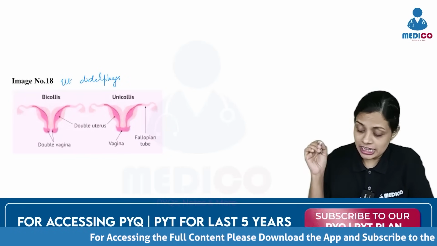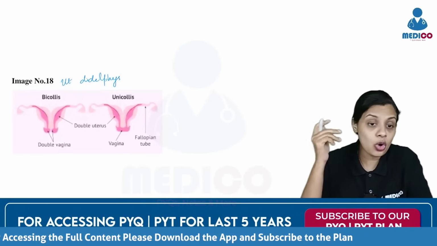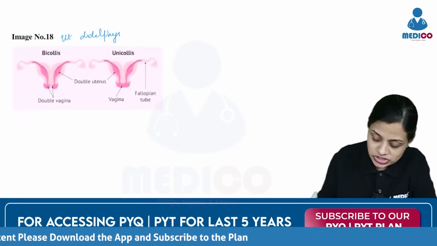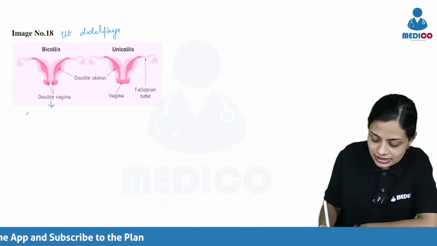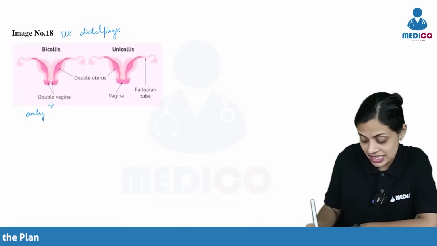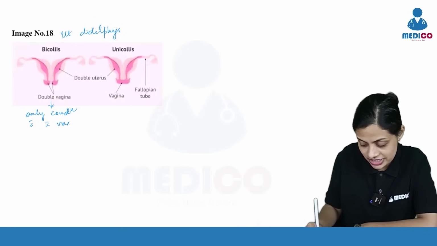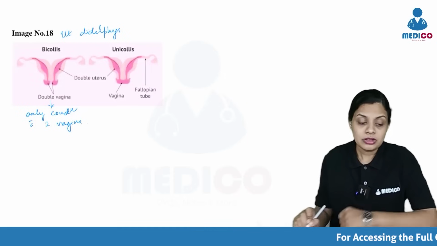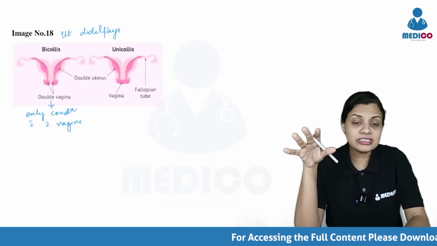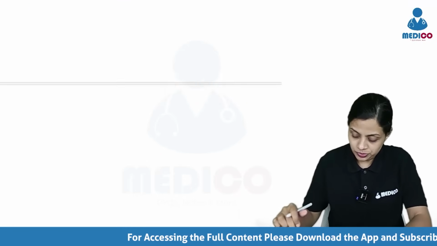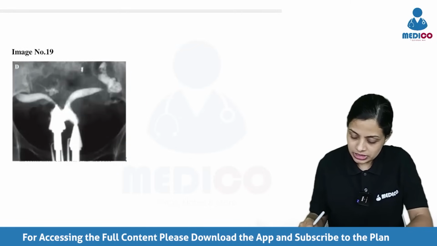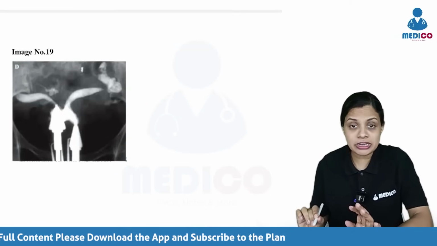Uterus didelphys can come with a single vagina or a double vagina. Know that uterus didelphys is the only condition where there can be two vaginas. Look at the HSG picture. There are two entirely separate uteri.